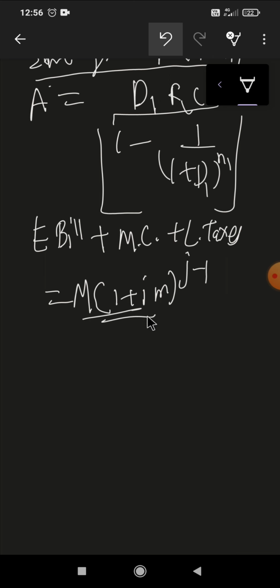So this we are considering as M into 1 plus IM raised to J minus 1. Similarly, we have used again the compound interest formula for considering the other costs. Then there is the tax deduction on the interest component of loan repayment. So how much tax will be deducted?